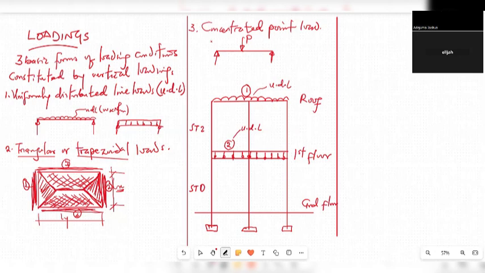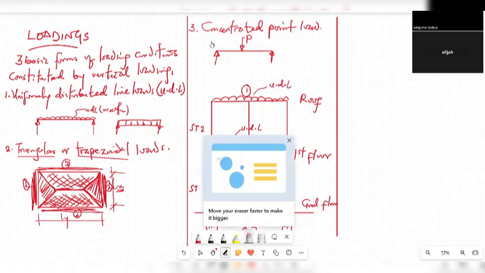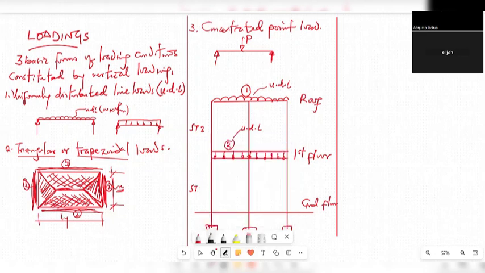Let's just call it story one and story two, so that it gives us less stress as we go. Okay, so how does this load transfer sequence operate?